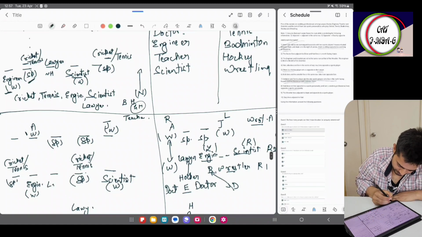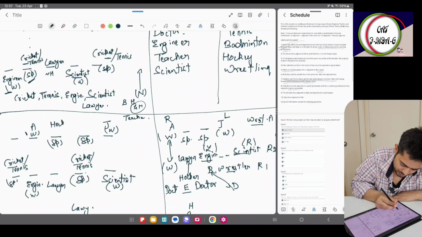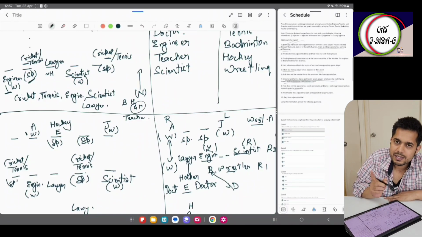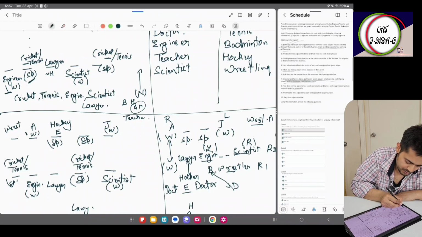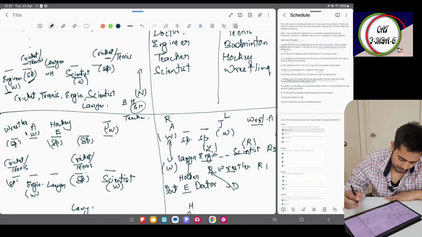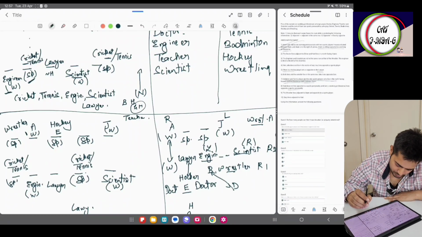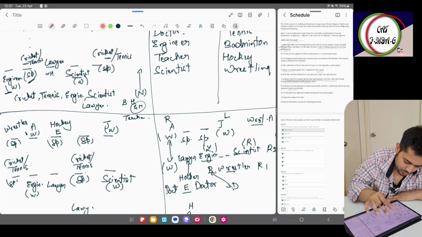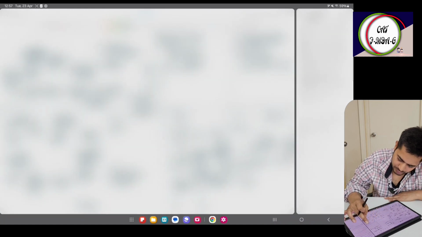Similarly, in case 2, here lawyer is there, hockey is there, E is there. Near to A, wrestler is there. So now we can say this is wrestler. This is sports. Okay. So let me mark it down once again.